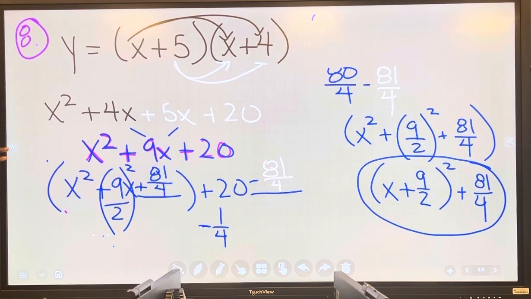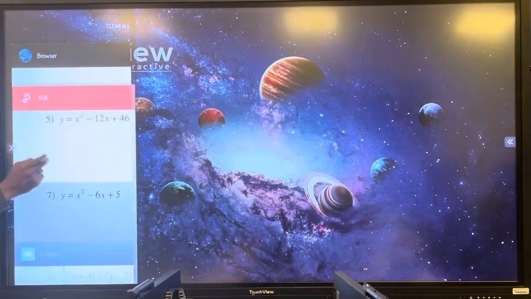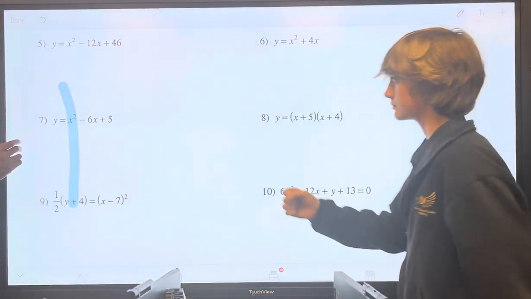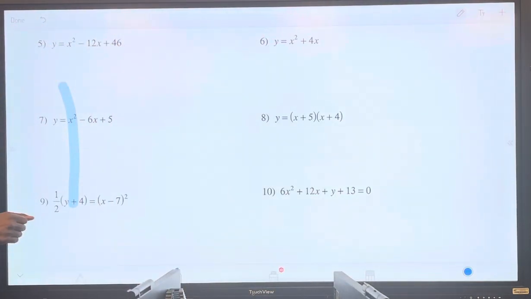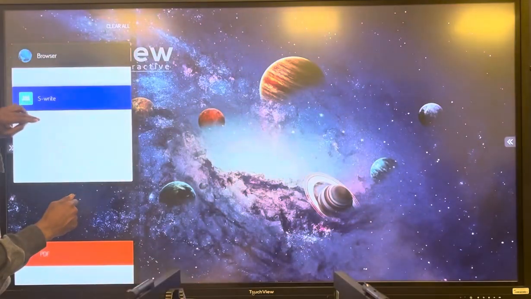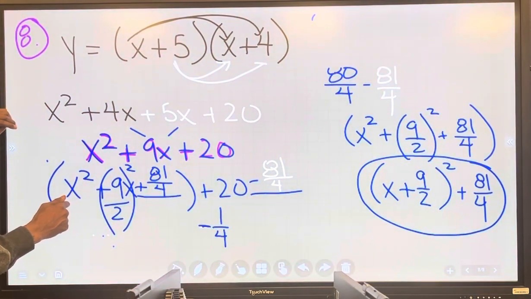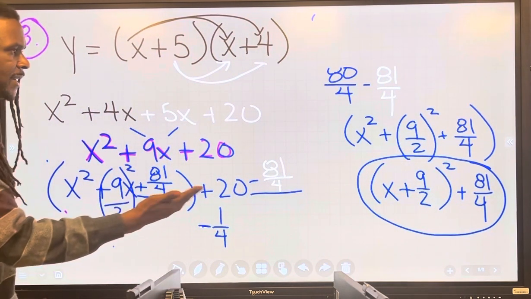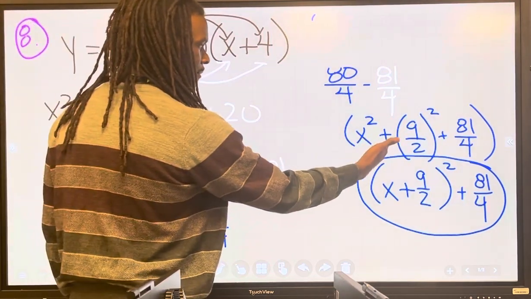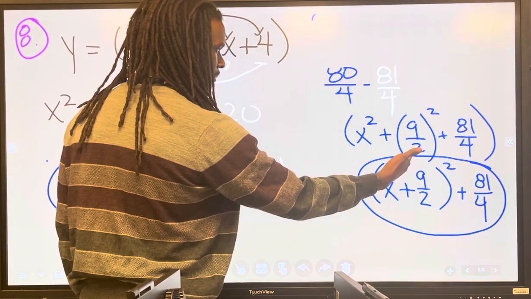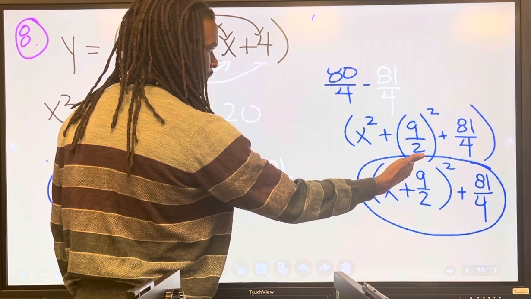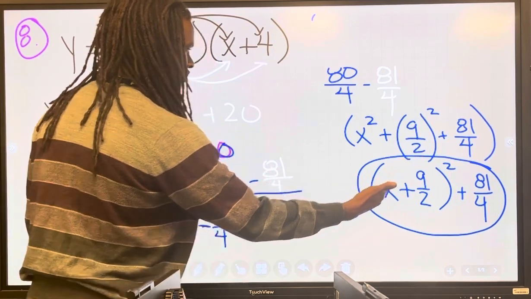Great. Let me double check it. Wait, Mr. Winter, isn't the answer negative 9 over 2 comma negative 1 over 4? You didn't put the vertex. You didn't finish. Oh, I didn't finish it? Sorry. Wait, why would it be plus 81 over 4 when it should just be 1 over 4?